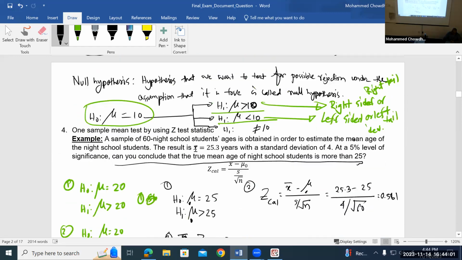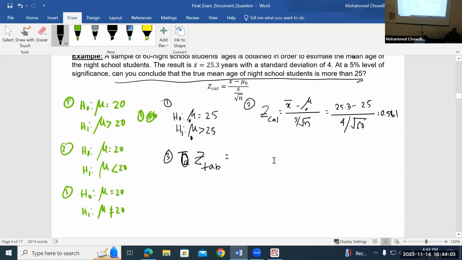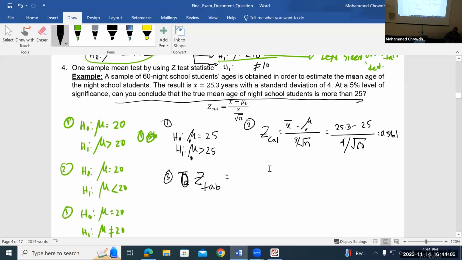Okay. Come in here. Now, Z table value. Are you seeing the 5% level of significance? This 5%. So now I want to draw the figure. I want to put all 5% in there.